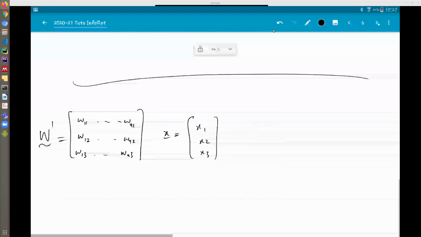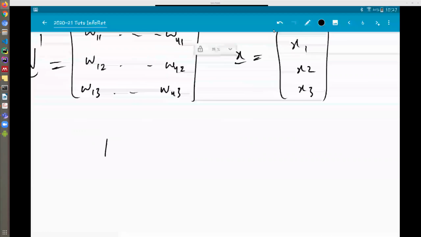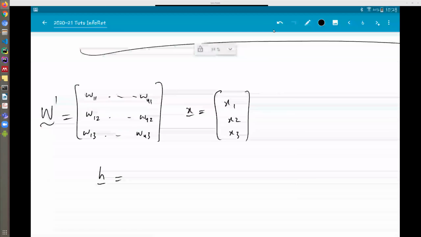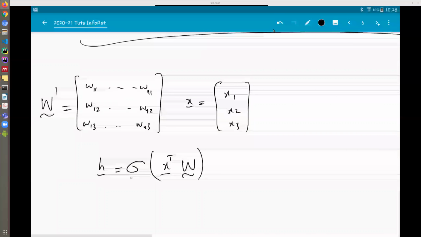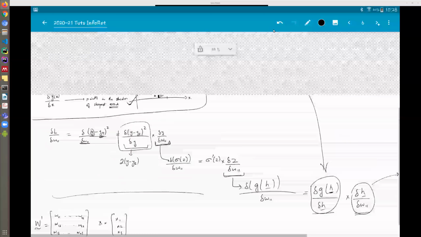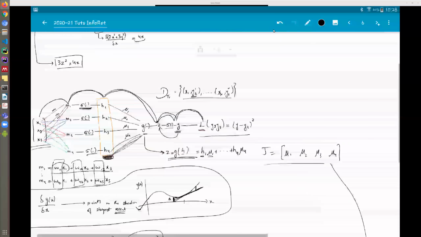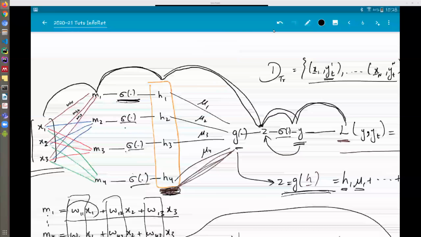Similarly, our X is now X1, X2, X3, and we can say that h is equal to sigma of X transpose W. So X transpose W will now have four columns, and this sigma will be applied one by one to every output, as we can see here.